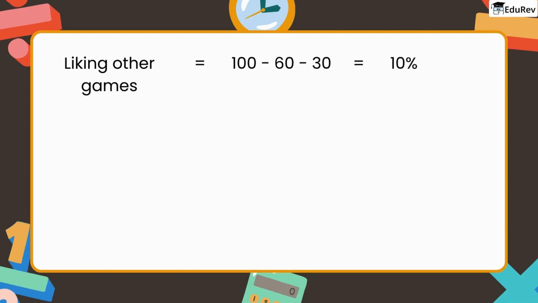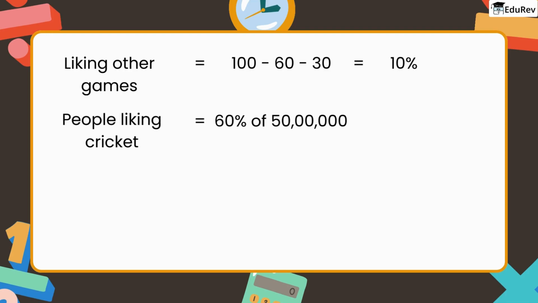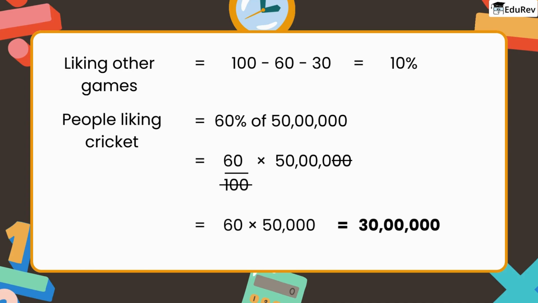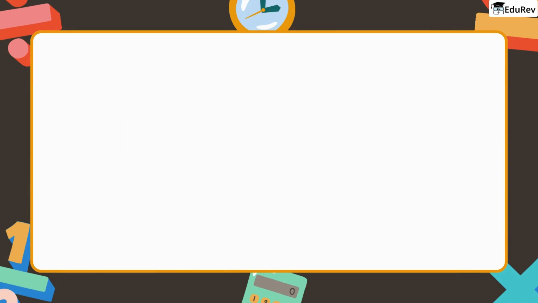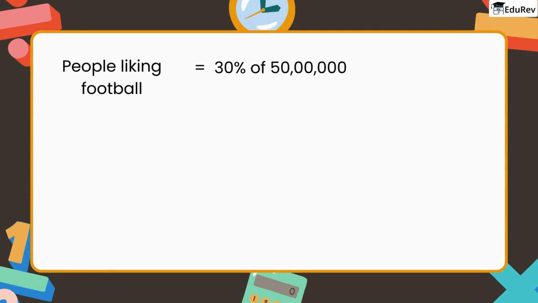Now, let's calculate the number of people liking cricket, which is 60% of 50 lakh, equal to 60 upon 100 into 50 lakh. Cancelling the zeros, we get 60 into 50,000, which is equal to 30 lakh. Next, we calculate the number of people liking football, which is 30% of 50 lakh, equal to 30 upon 100 into 50 lakh.